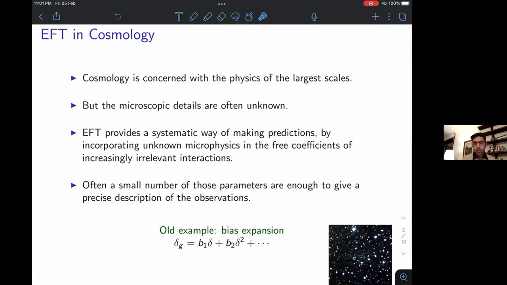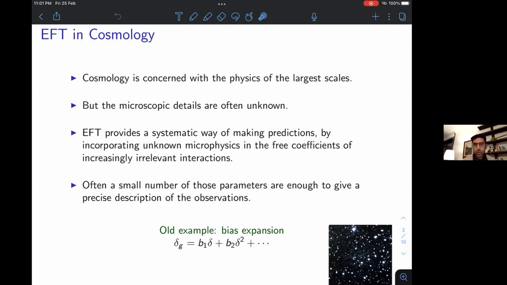So this is the situation in which effective field theory is very useful. It gives us a systematic way of parameterizing our ignorance into some free coefficients and doing an expansion in terms of interactions or operators that become subsequently less and less important. And usually it's enough to have a couple of those free parameters to give a good description of what we observe.